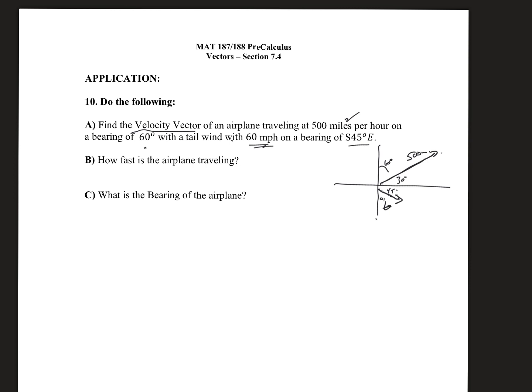That's basically at 60. So what I have here is the shape of a parallelogram. Let me point this out here. Essentially, the velocity vector we're looking for is what I just drew there. Let me change colors.